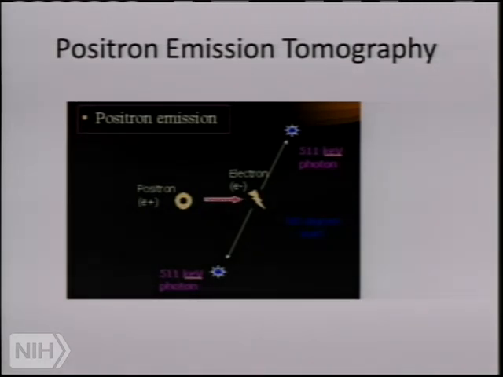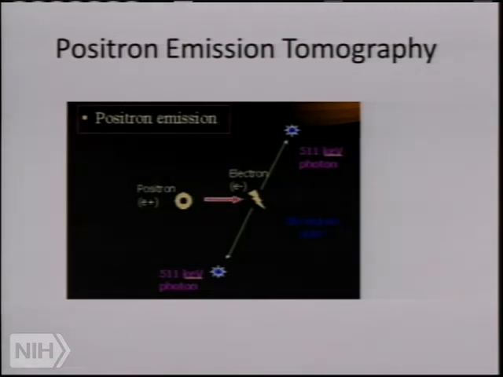So that brings me to the fifth of the 5 techniques that I want to describe today, and that's PET, positron emission tomography. So I mentioned one of the ways that radioactivity can occur is that a nucleus can release a positive electron, or a positron.